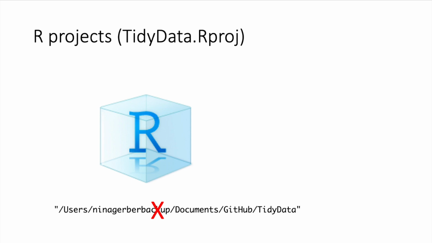This absolute file path is different for every user, and links break very easily if you move things around. So working with relative file paths is much easier when sharing data and projects, because this will set the working directory directly to our project folder, and we can all use the same relative links from there.